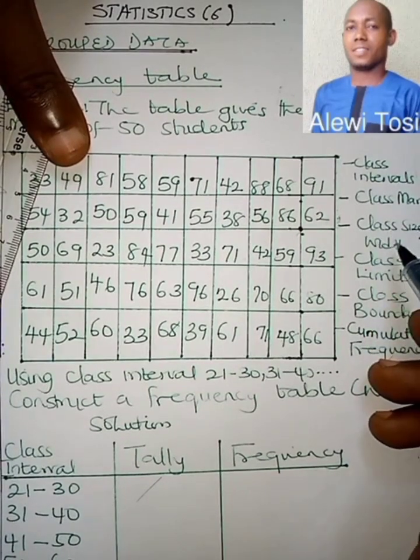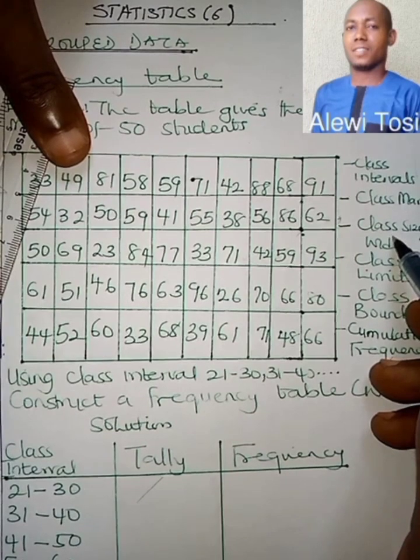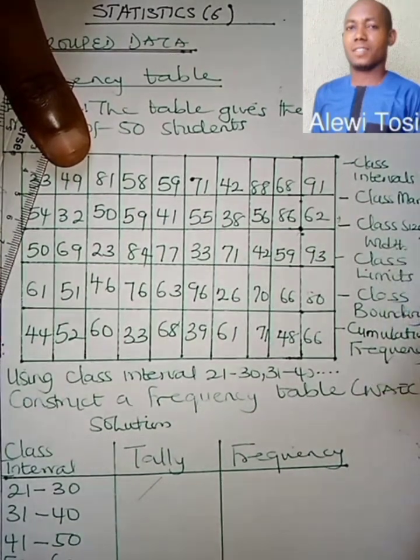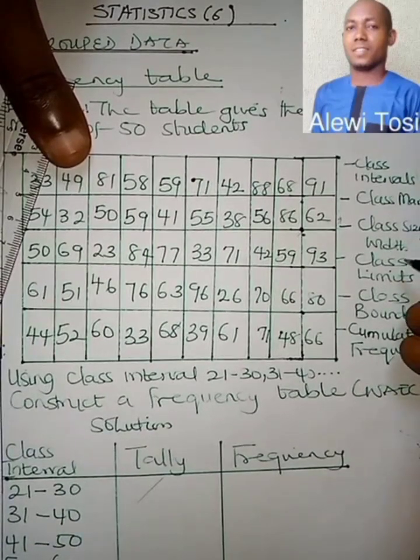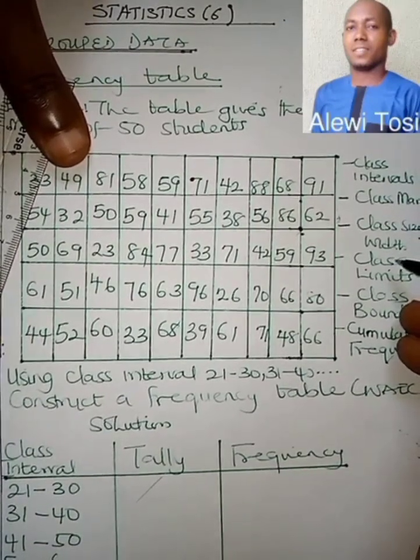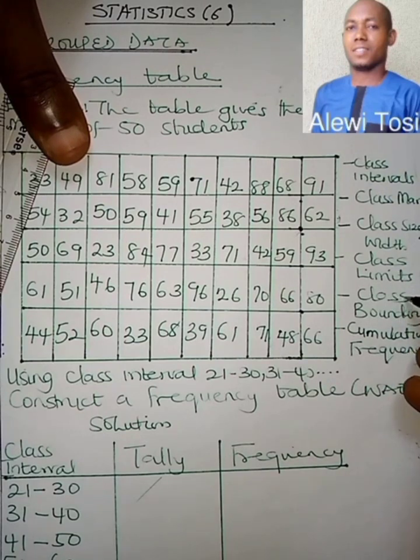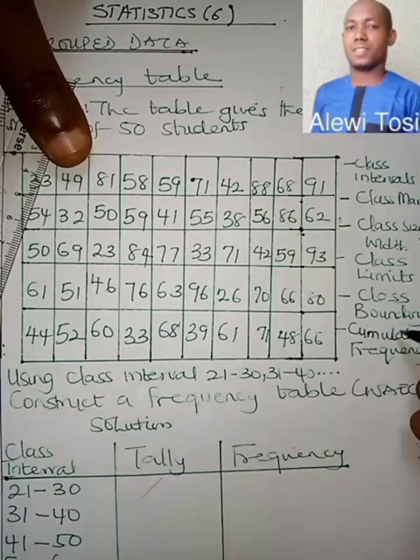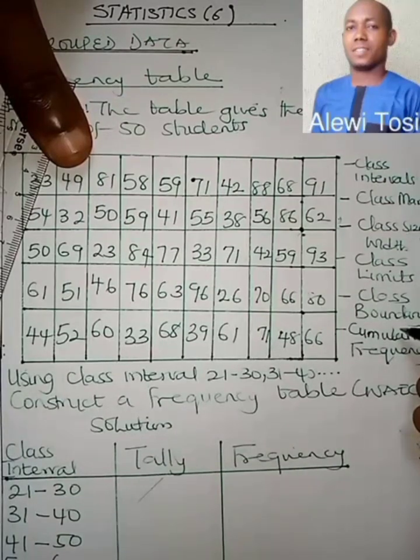You should also be able to decide the class size or the class width, which is denoted by C, or some textbooks denote it by W. Also the class limits, the class boundaries, and also our cumulative frequency. Our inability to decide and determine this will lead to failure as far as this topic is concerned.